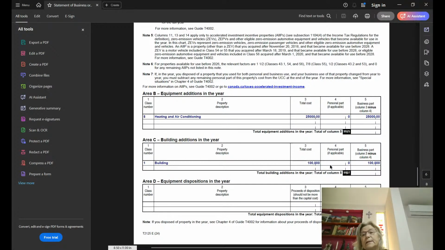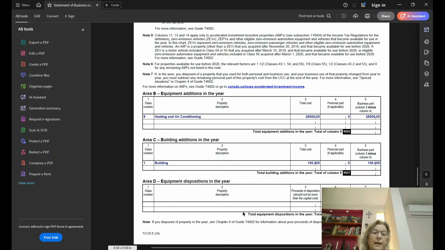Revenue Canada does allow us to use the notice of assessment, your property assessment for taxes, which will tell you the land value that you're paying taxes on, and it will tell you the building structures on there, okay? Now, class 8 is 25,000 for my heating and my air conditioning.